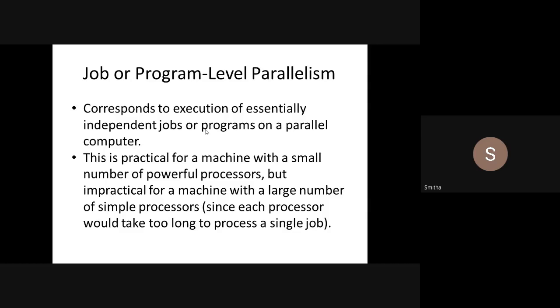So what is the use of having n processors with less capacity? Instead, we can have one processor with higher capacity. Got it, students? This is practical for a machine with a small number of powerful processors, but impractical for a machine with a large number of simple processors. Simple means less capacity.